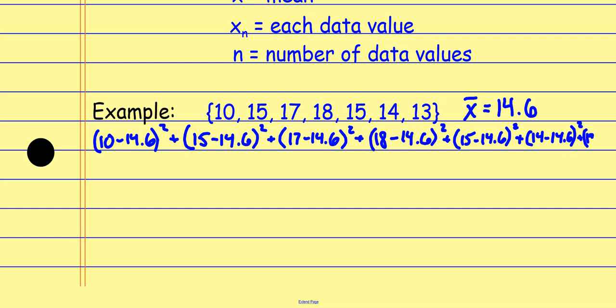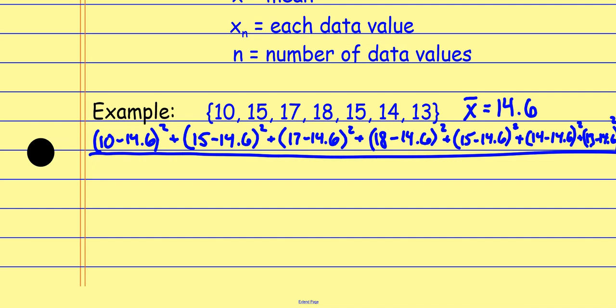I take the last data value minus the mean and square it, okay? And so again, tedious, yes. Difficult, no. And then I'll divide by how many data values I have, which is 7, okay?